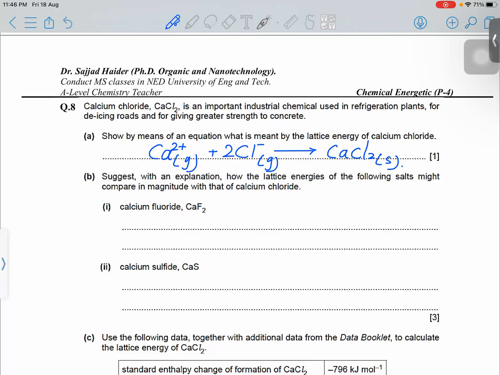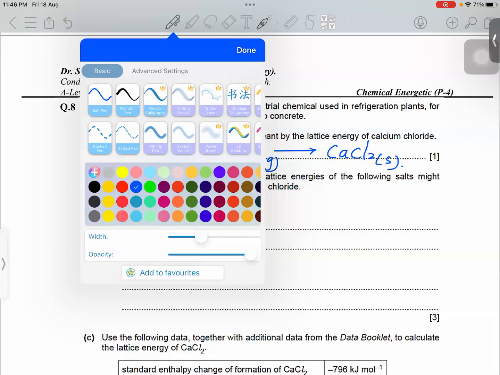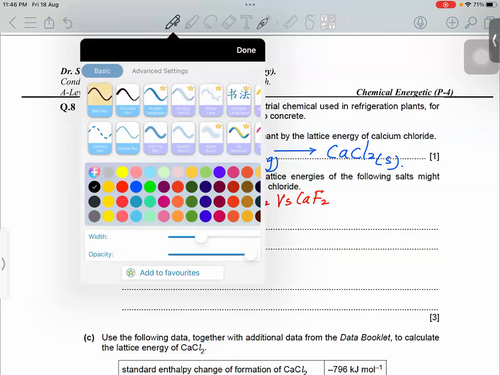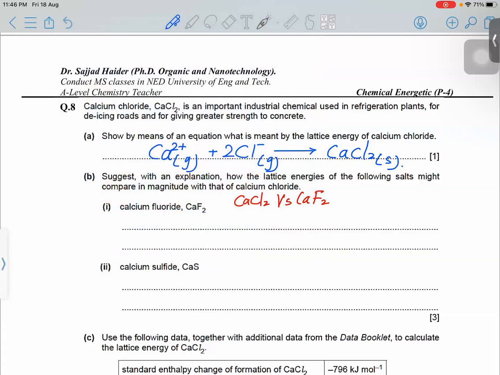Next, compare the lattice energy of calcium chloride and calcium fluoride. Calcium is cancelled out, and charge is also cancelled out, so the only factor is size: fluorine, chlorine, bromine, iodine. Fluorine is smaller, so calcium fluoride has the higher lattice energy.